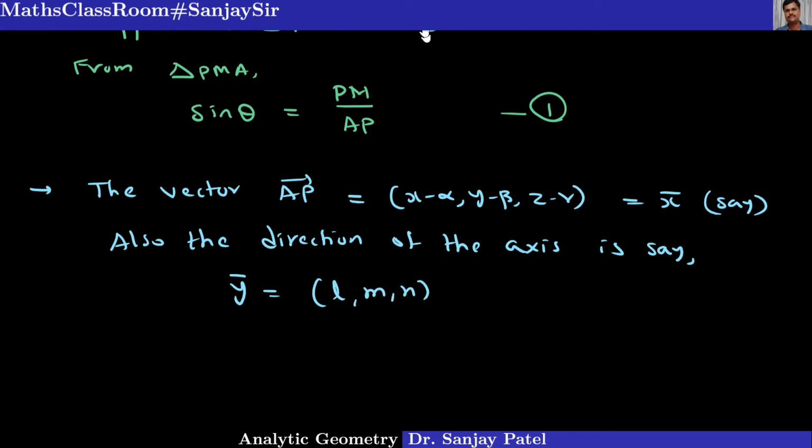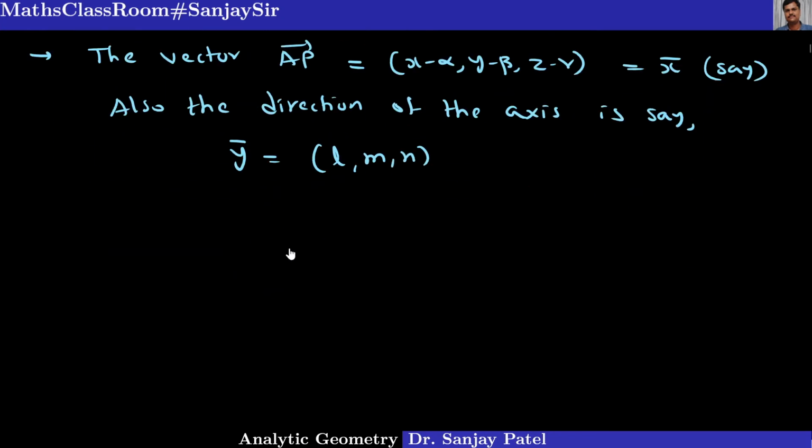Then the angle theta between the two vectors x bar and y bar is given by the sine formula, which I want to use here because I want to compare this value with result number 1.